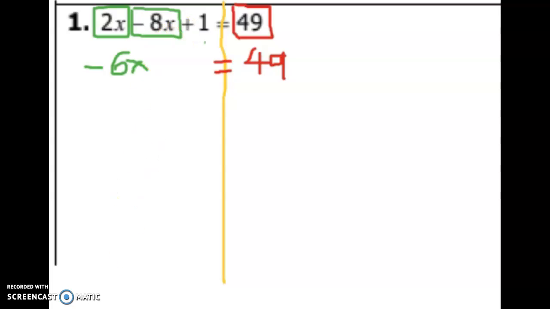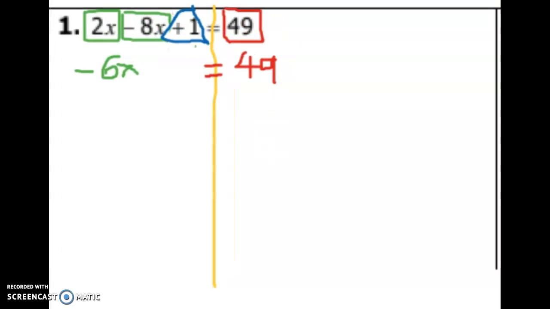Now this one here, we don't have a like term for it. So I like to put, oops, that's kind of messy. I like to put a triangle around the numbers. So, I'm going to use blue because this side has over here. And I should have done that for that side too. I should have put a triangle because I didn't.